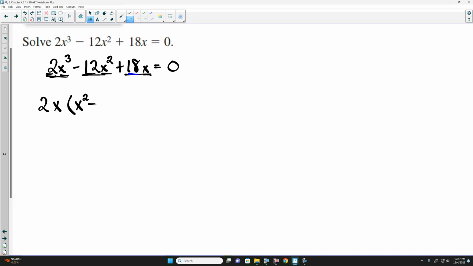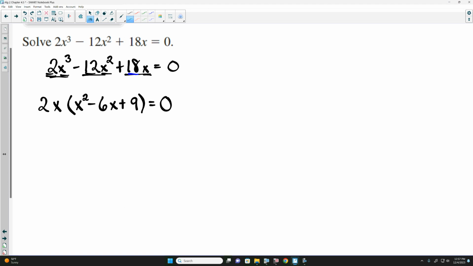If we factor 2 out of 12, 12 divided by 2 is 6. And if we take one x away from x squared, we're left with x. Plus 18 divided by 2 is indeed 9. And if we take one x away from x, it simplifies out.